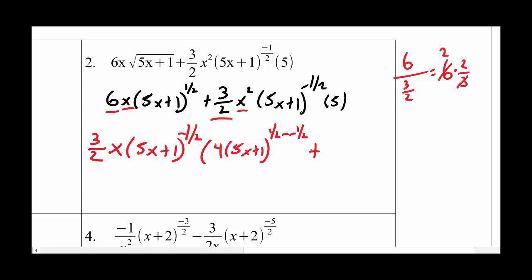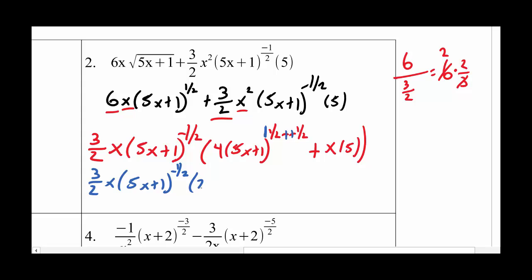The second half of this set of terms, I already took the 3/2 out. Of the x squared, I have an x left, and I have a 5 left. All right, well now what do we have? Gotta switch colors here. So we got a 3/2 x, 5x plus 1 to the negative 1/2. Inside here, the 1/2 minus, that becomes a 1, so that's really 5x to the first power.